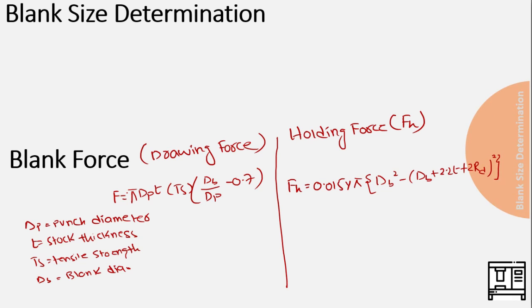This is the value for the holding force that is to be exerted by the blank holder. We have Y equal to the yield strength of the sheet metal.